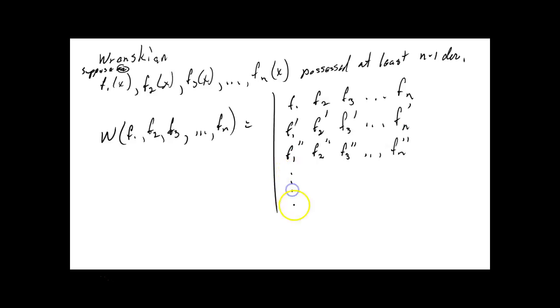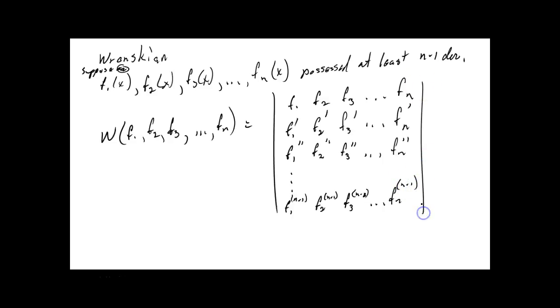and keep going until you get to f sub 1, the n minus first derivative, f sub 2, the n minus first derivative, f sub 3, the n minus first derivative, up to f sub n, the n minus first derivative.